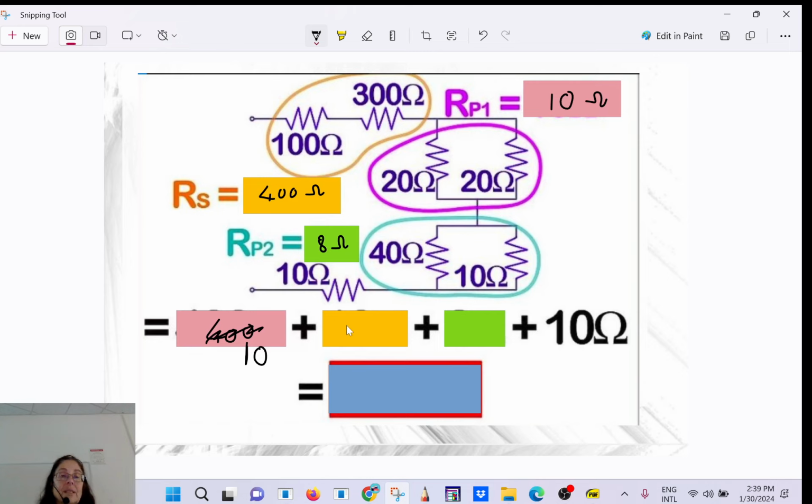40. What is it? 400 and 8. So it's gonna be what? 4. 428. Yeah. 428. Yes.